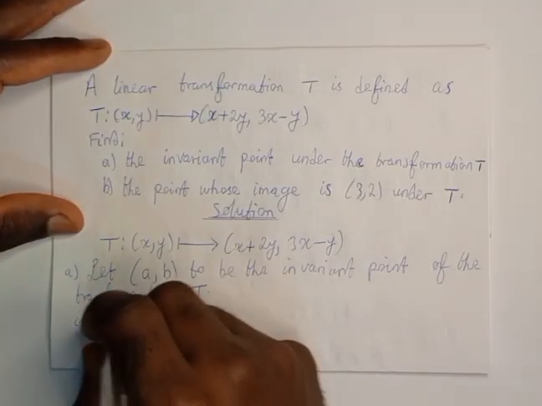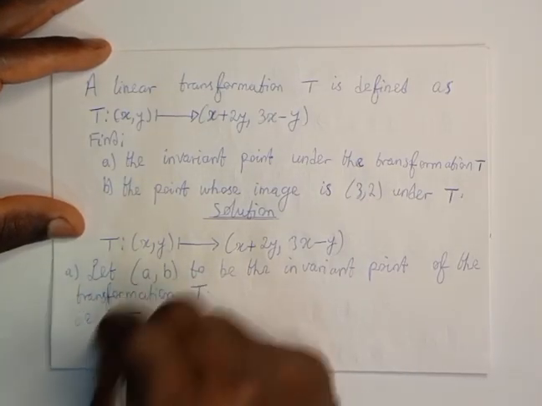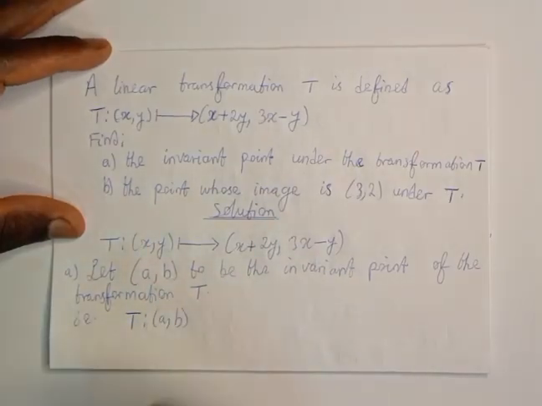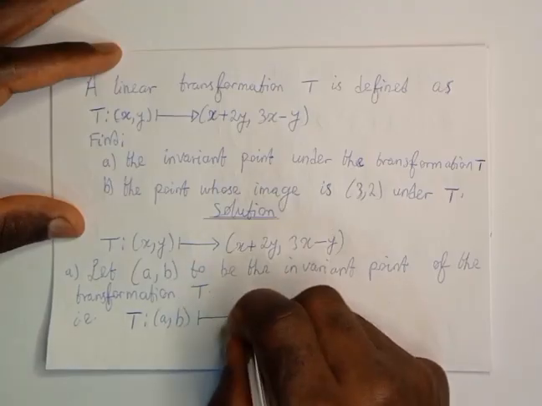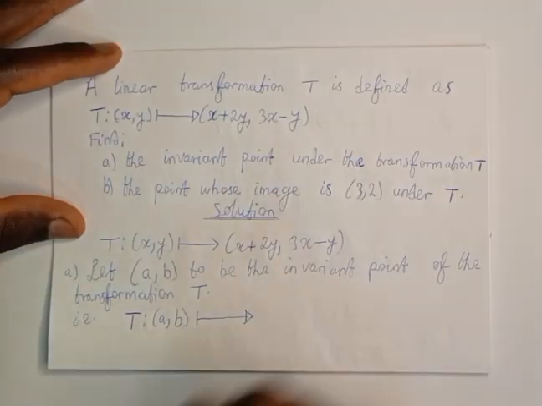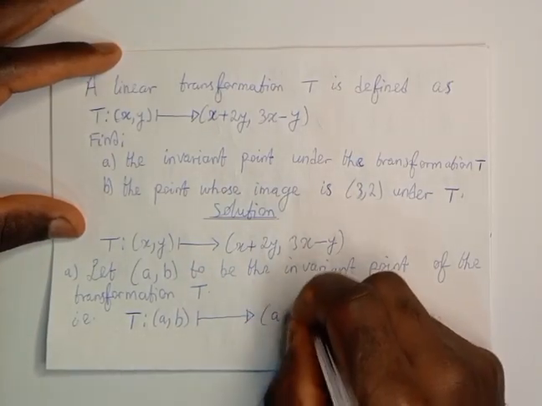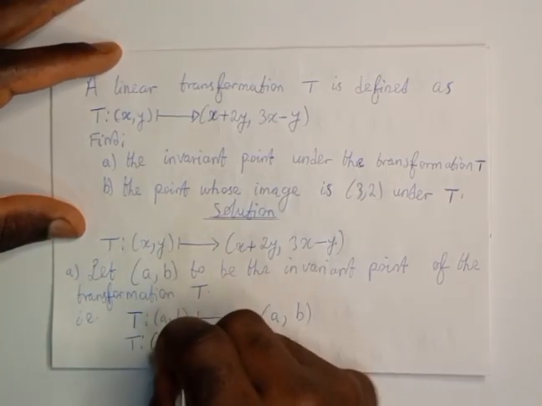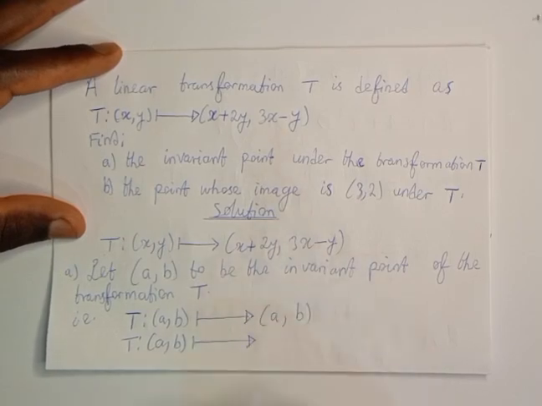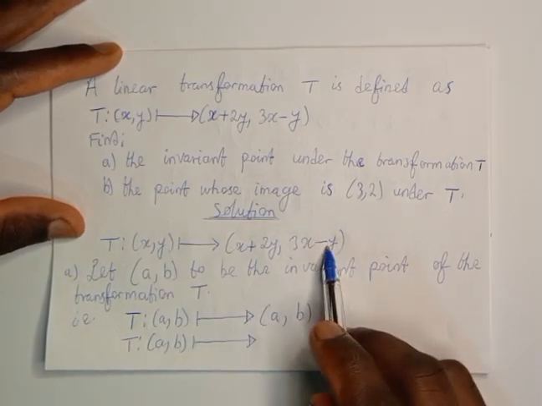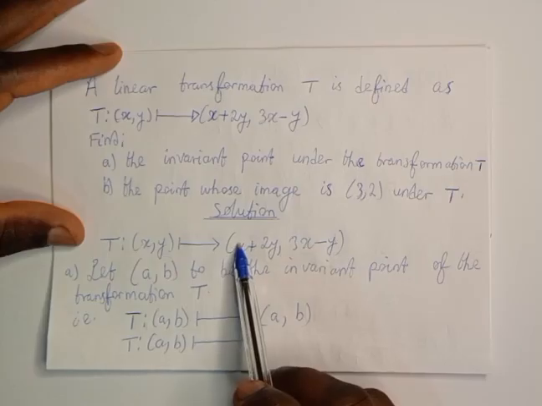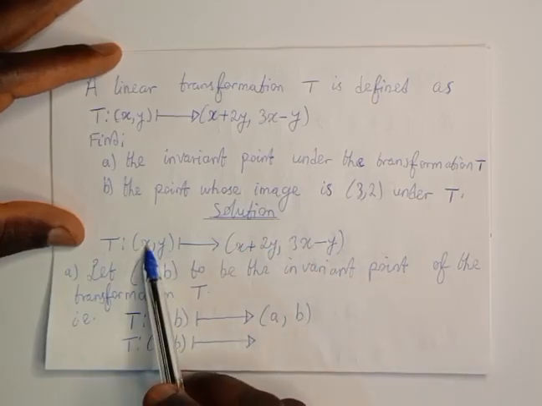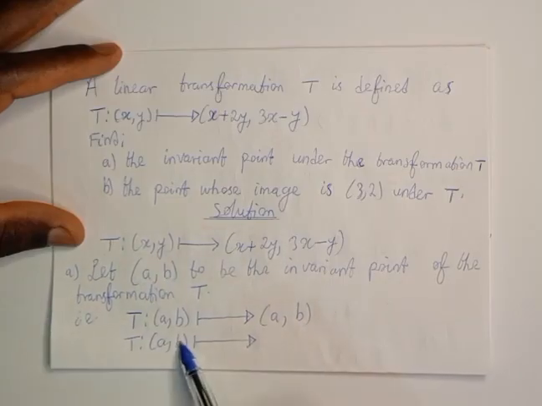It simply means if we take the point (a, b) under this transformation T, the point (a, b) will be mapped onto itself, (a, b). Applying the transformation, (x, y) goes to (x + 2y, 3x − y). We replace x with a and y with b.